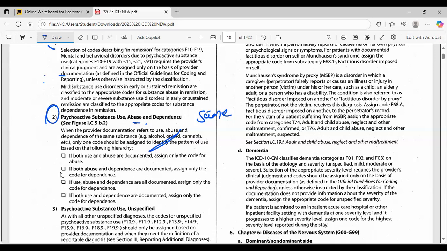So we code the highest in the hierarchy. We will not code two codes for the same drug. If the patient is using a different drug, let's say dependence on alcohol and abuse of tobacco, in that case we are allowed to use both codes. But if it is for the same drug, we have to code the highest one only.